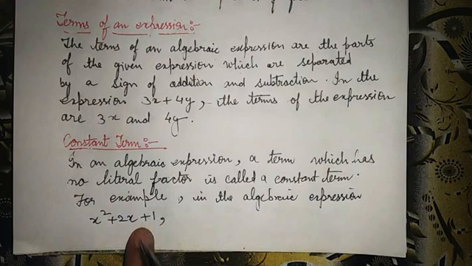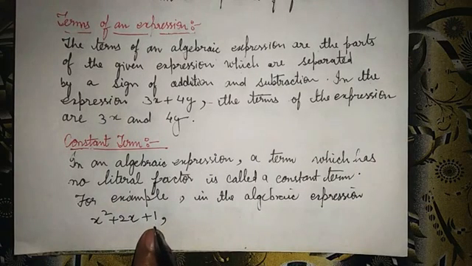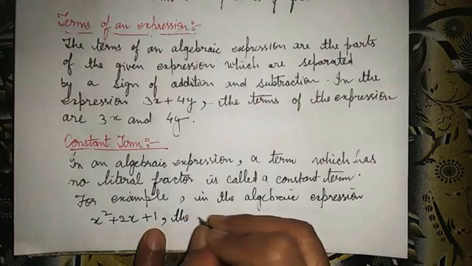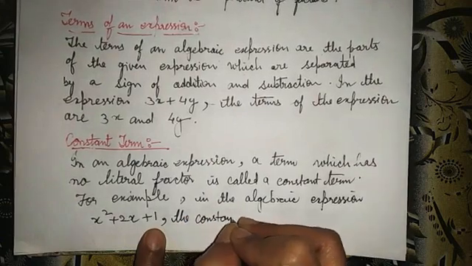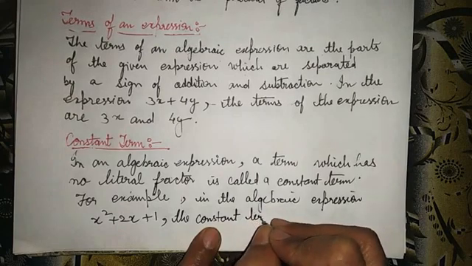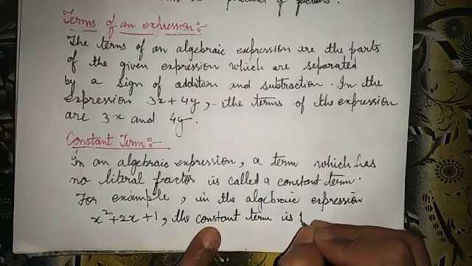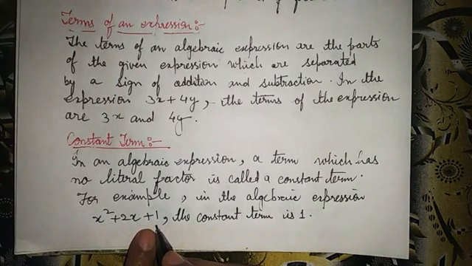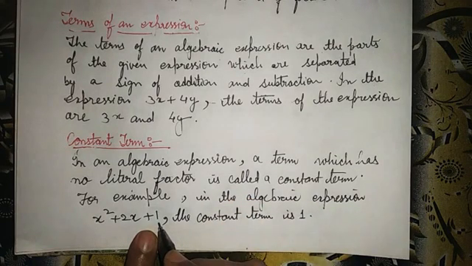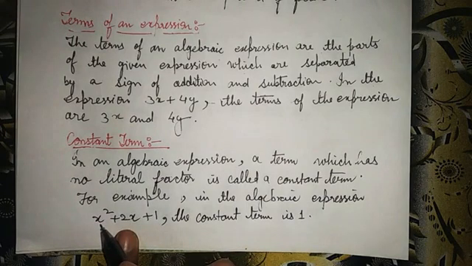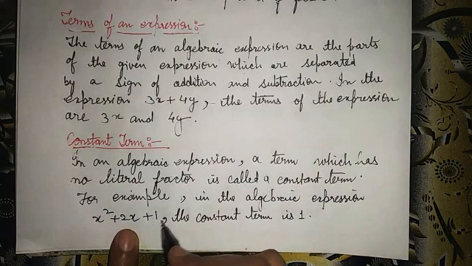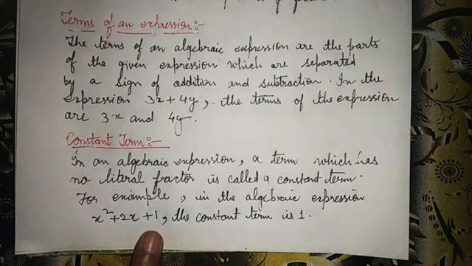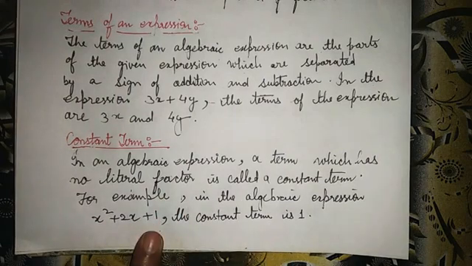Yes, here 1 is constant. The constant term is 1. And why is this 1 a constant term? Because here you cannot see any literal factor with 1. Here x square has a literal factor and 2x has x as a literal factor, so these two are not constant. This 1 is the constant term for this expression.